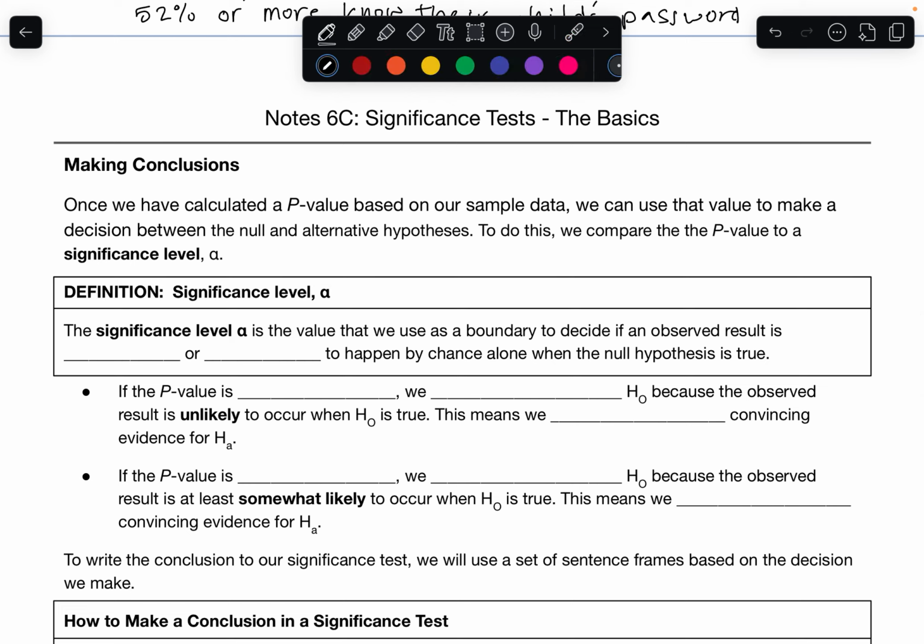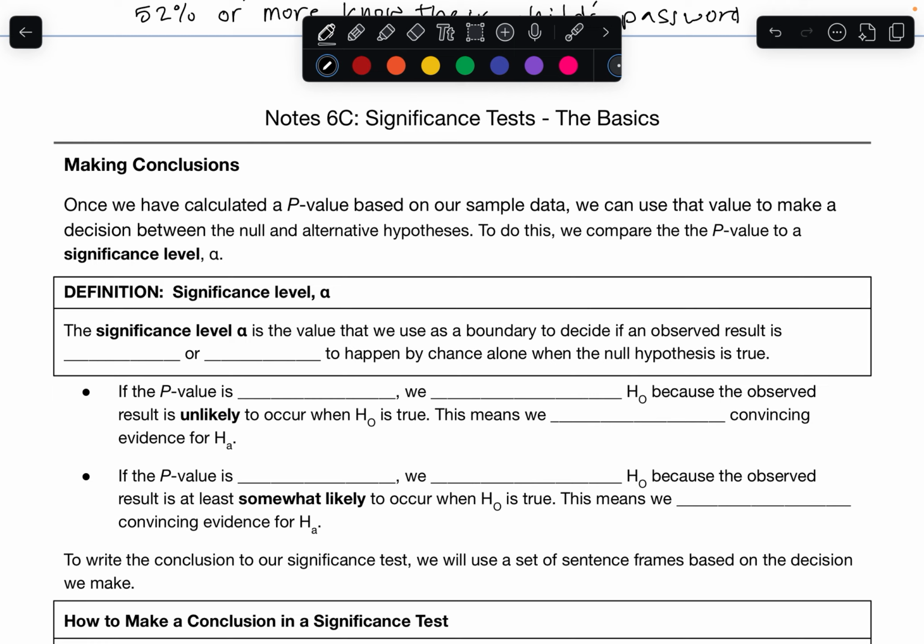Okay, so the question is, now that I know what a p-value is, how do I make a firm statement about whether that p-value is enough to reject the null or not reject the null? And the answer is, we have something equivalent to a confidence level for significance tests, and that's called a significance level.